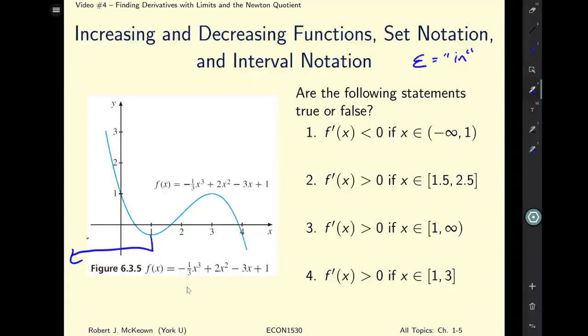So as x is increasing, y is decreasing, right? So if y is decreasing as x increases, then the slope must be negative. And we could see that if we drew a tangent line over here.